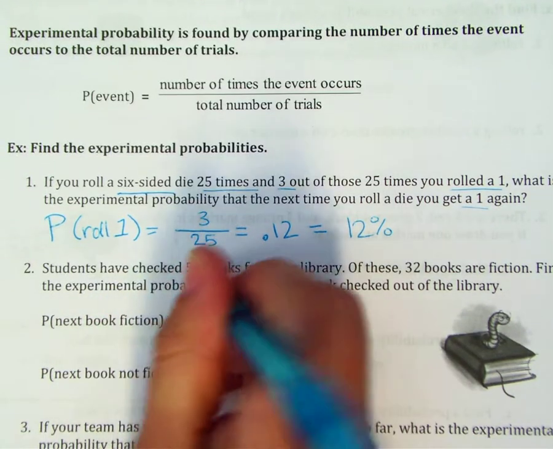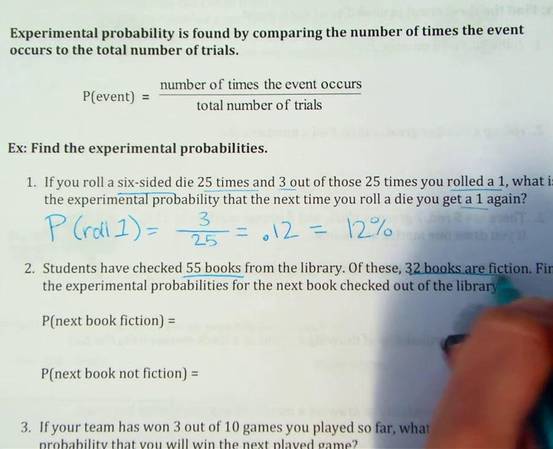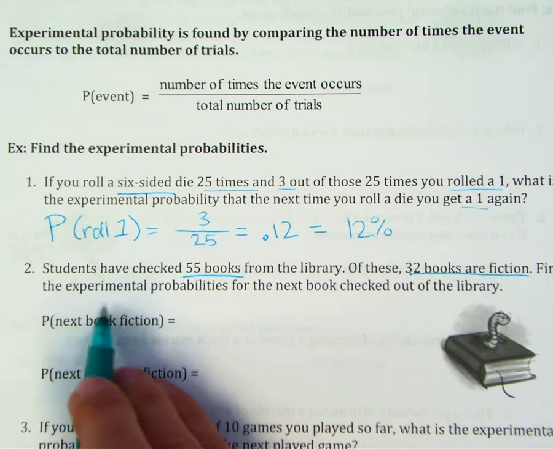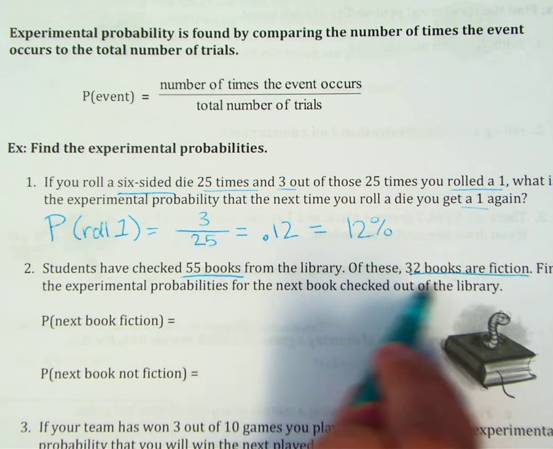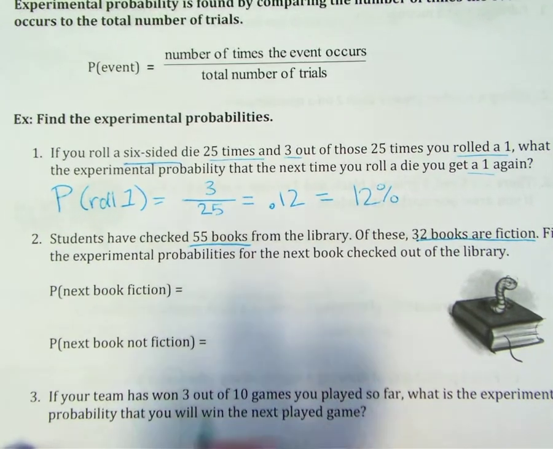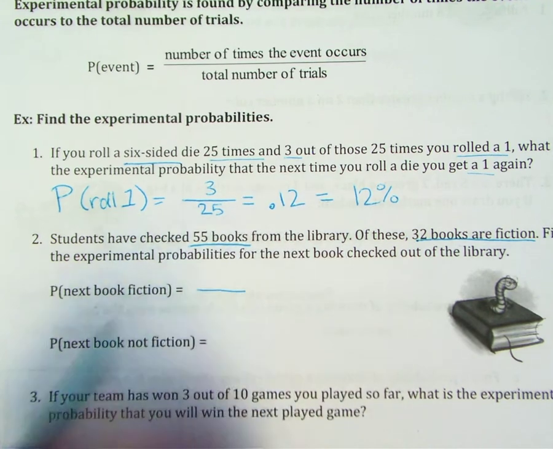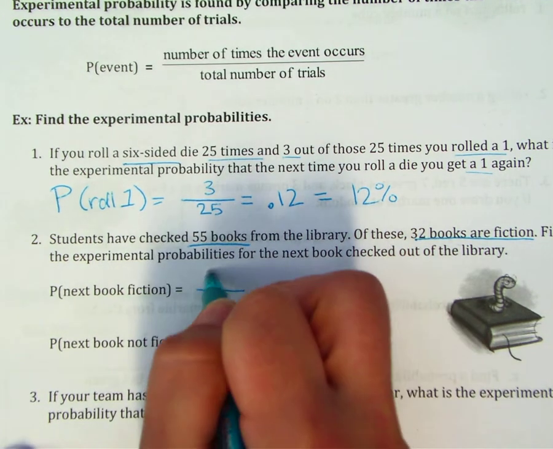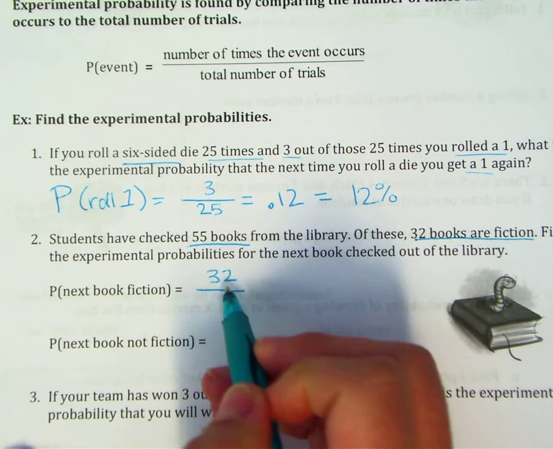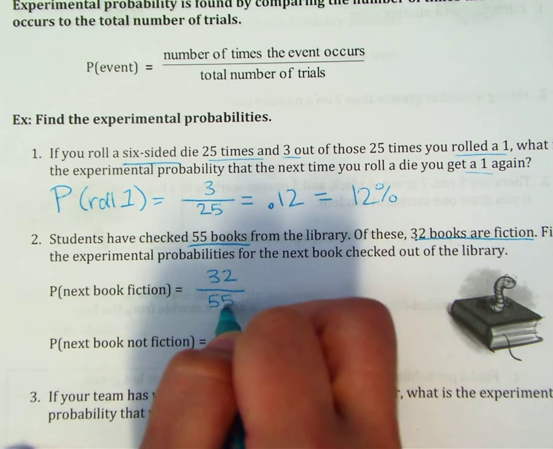All right, so next one. Students have checked out 55 books from the library. Out of these, 32 books are fiction. Find the experimental probability for the next book checked out at the library. So this is the probability that the next book is fiction. We want it to be fiction, so there are 32 that are fiction, out of a total of the 55 books checked out.